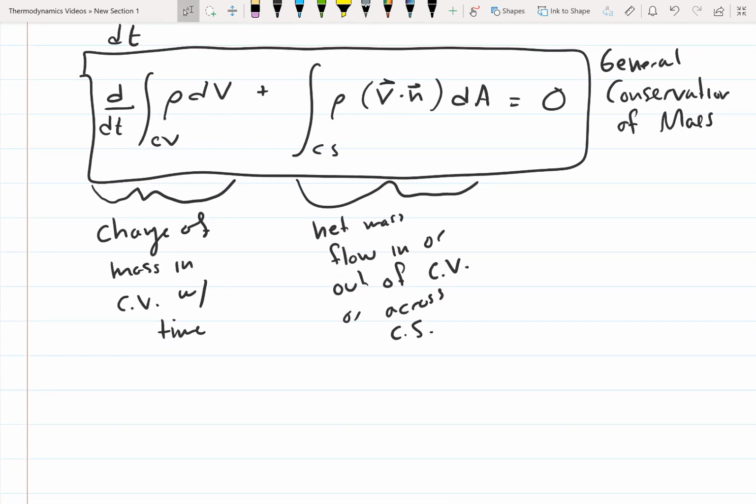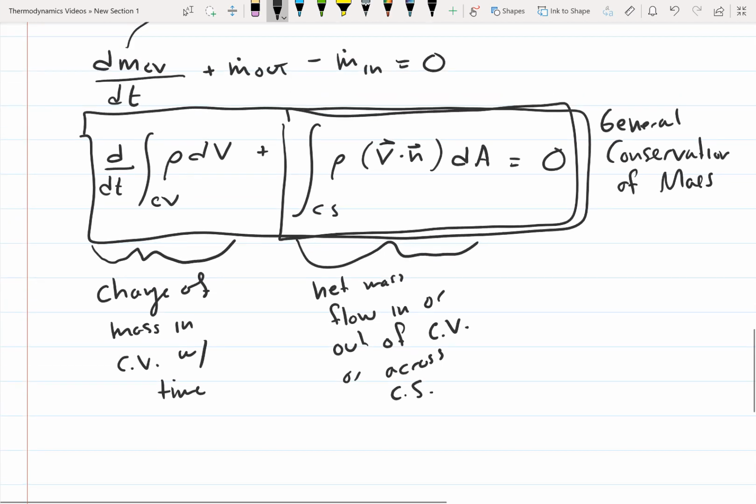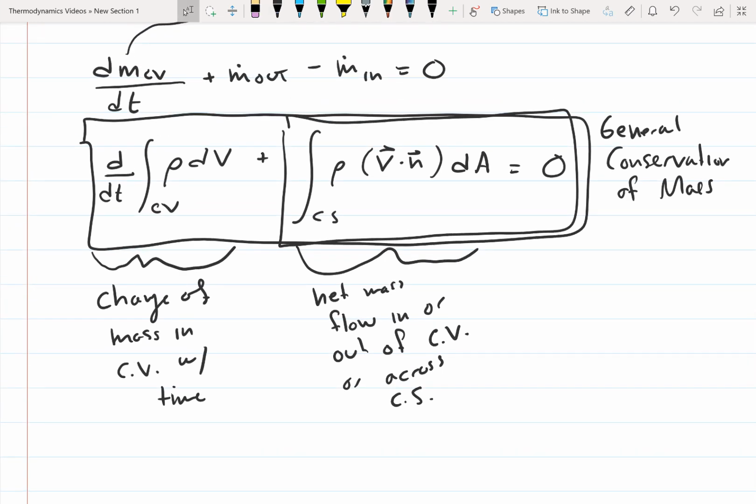So now what we can do with this equation is split the second part into two parts. We already know that this represents the mass flow in minus mass flow out, or the way it's written here, with everything on one side of the equation, m out minus m in.